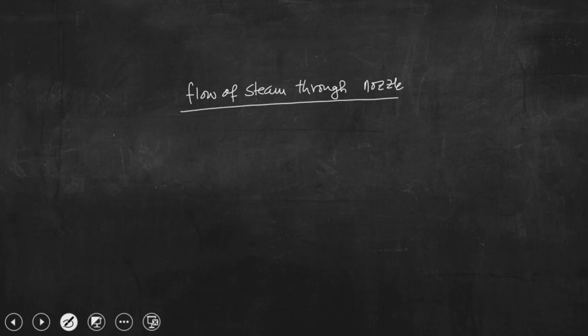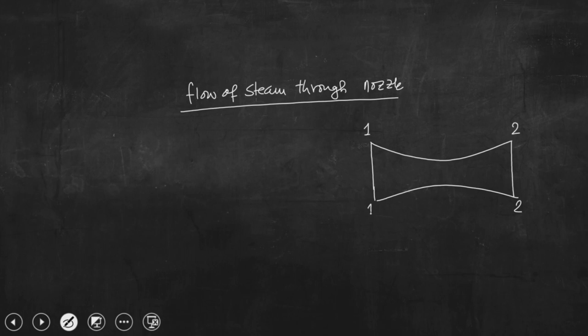So, if we consider a flow of steam through a duct having a shape like this, this is section 2-2, this is section 1-1, and this is the flow direction.